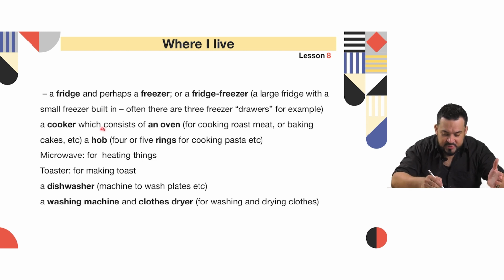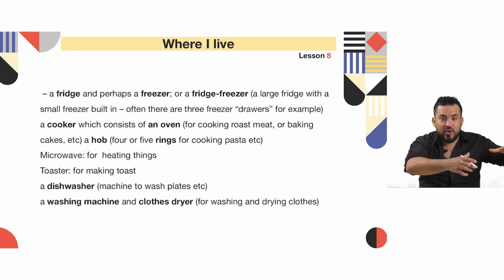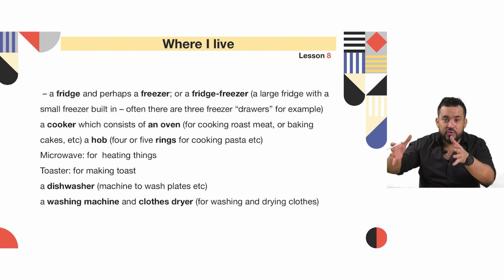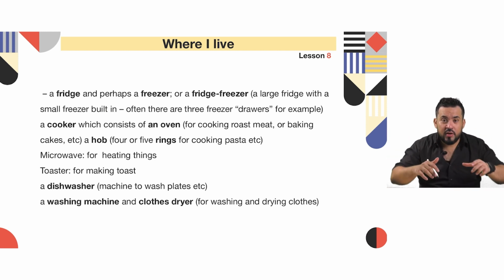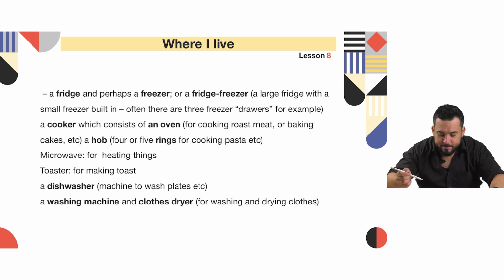A cooker consists of an oven for cooking or baking and so on. It also consists of a cooking hob. A cooking hob is where you have the burners, where you put your pots and you cook. Your burners, that thing is called a cooking hob.